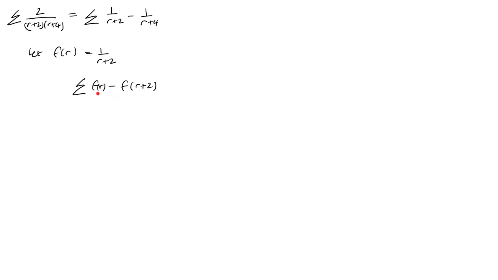Now, because there is a difference of two, so r is not next to r plus 1, it's an r plus 2, that means I'm going to end up with f(1) plus f(2) minus f(n+1) minus f(n+2).